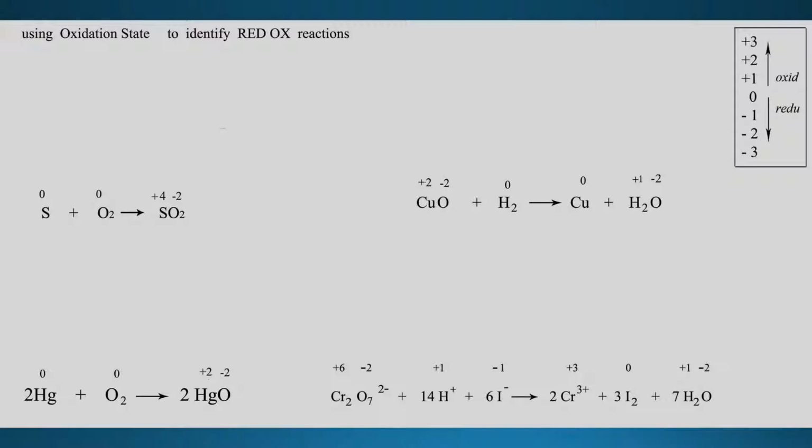If it is up, +1, +2, +3. The rule is very simple. When the number goes up, it's oxidized. When the number goes down, it is reduced in charge. So, using this rule, you can determine the first one.